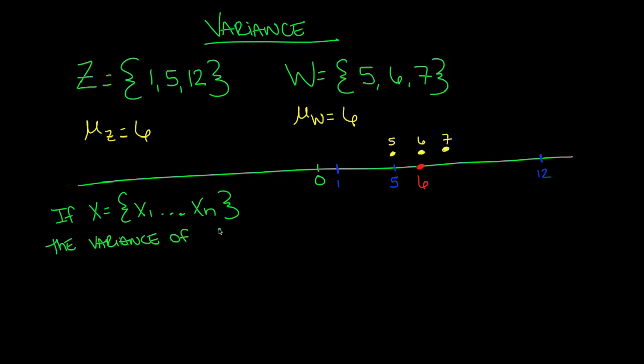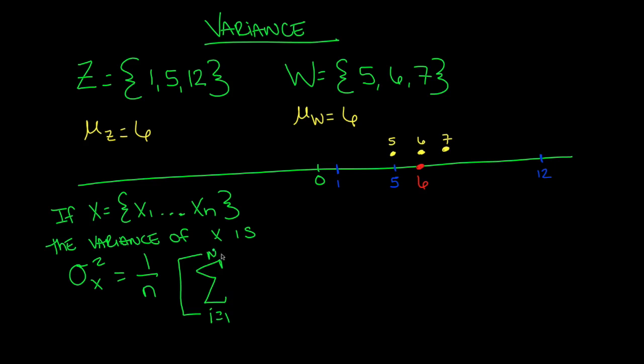It's got this funny symbol called sigma squared of x. It's a Greek symbol sigma, we square it, and we put sub x to really denote that we care about x. This is 1 over n, and then this is going to look really intimidating, but it's not. We take the sum from i equals 1 to n.